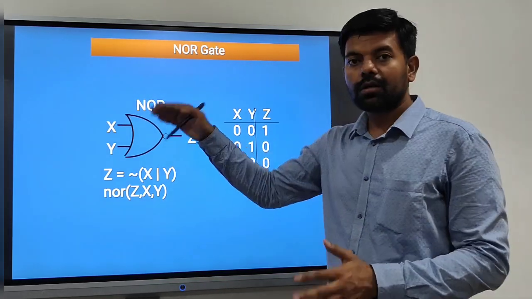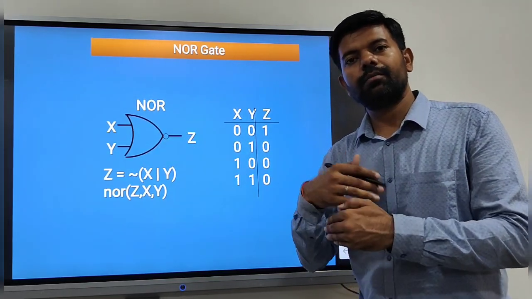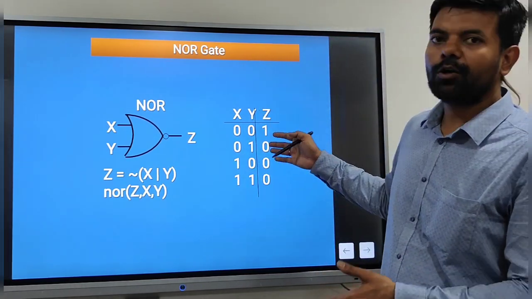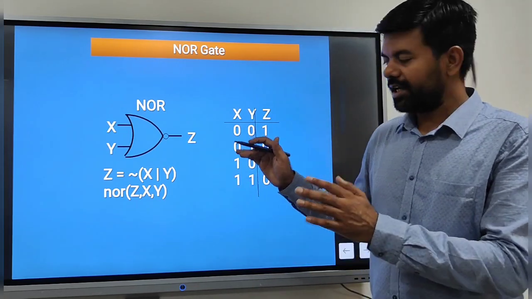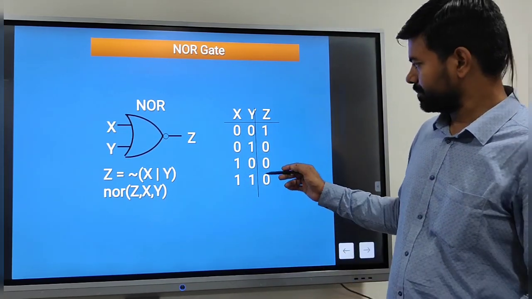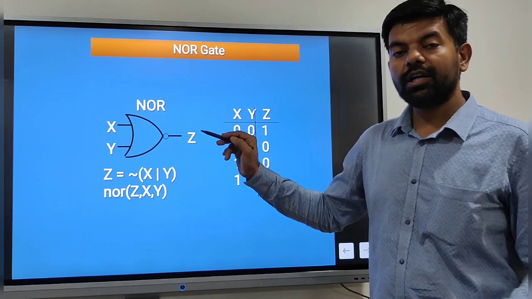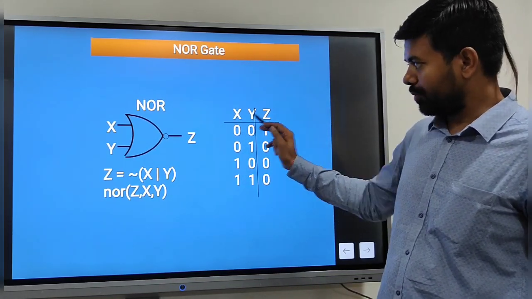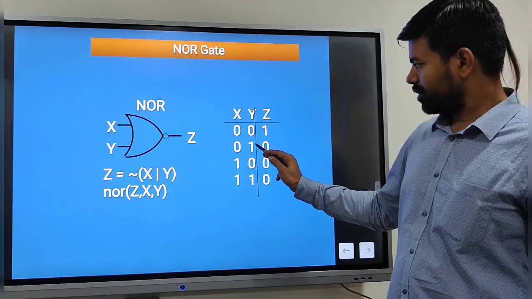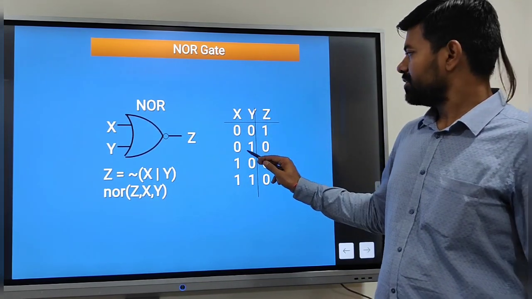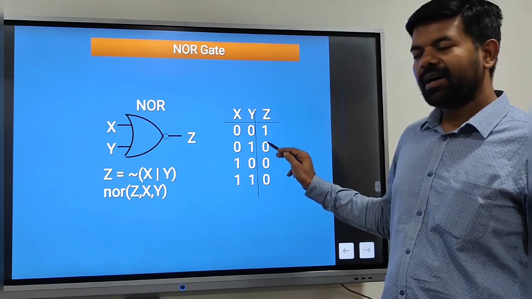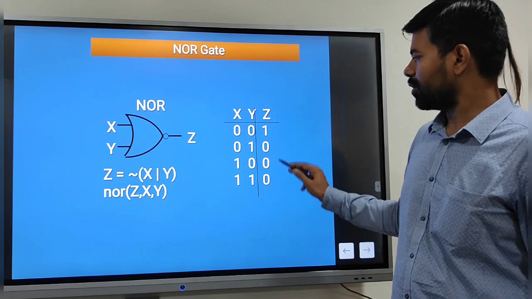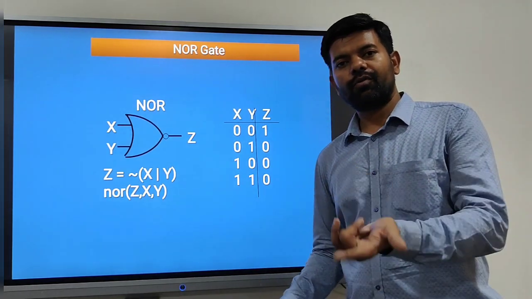Now in the NOR operation the situation becomes opposite, or complemented, because all the high outputs become low and the low outputs become high. 0 0 in OR gives 0, but here we get 1 because the output is complemented. For 0 1, OR gives 1, but in the NOR gate the output is complemented, so we get 0 in place of 1.